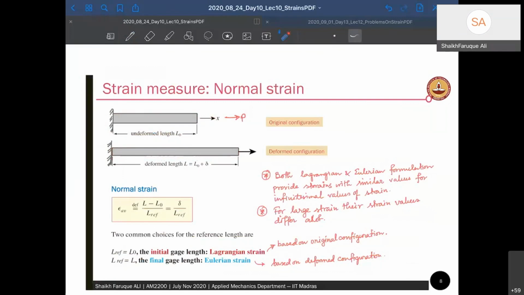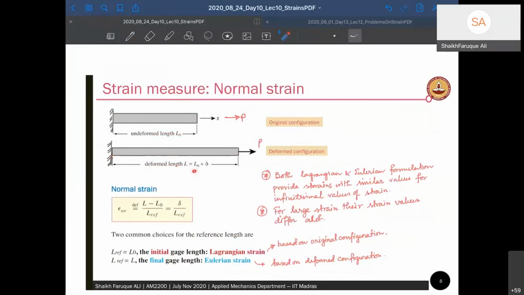That means before the application of load P, the length was L0. And as we have applied the load P, the material has elongated. Let's say it's an elastic body, a rubber band or something, which has elongated, and the elongated length is this much. So now the deformed length is L0 plus delta, which is L.